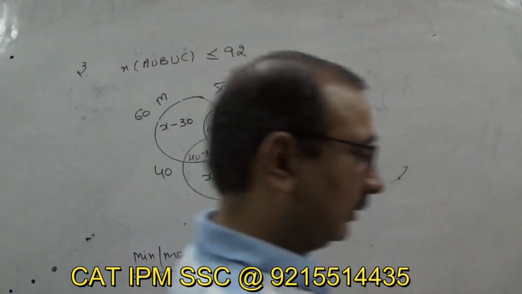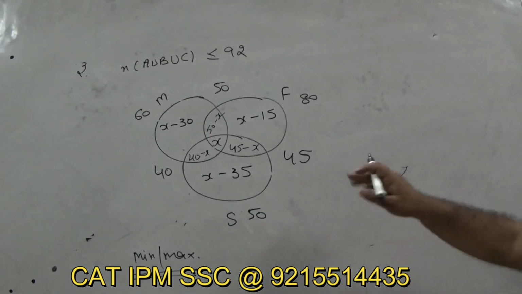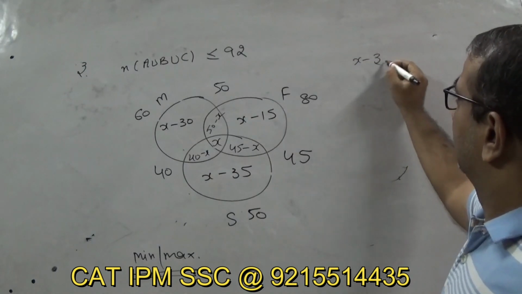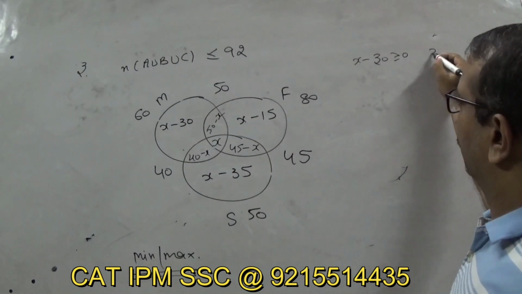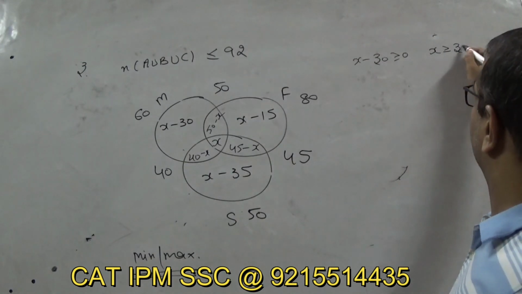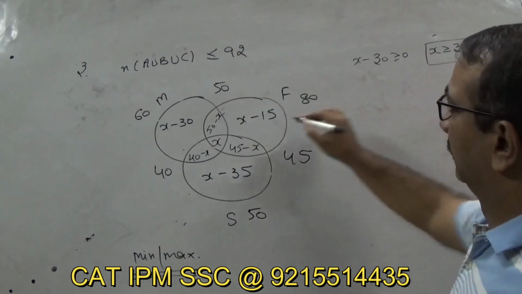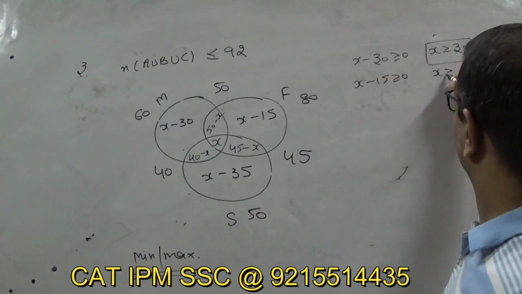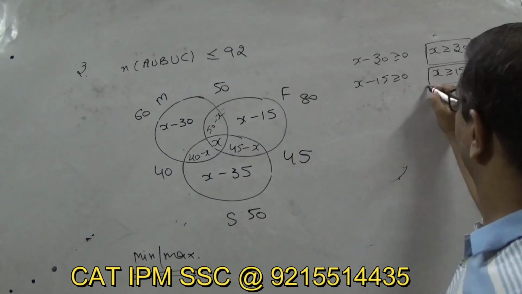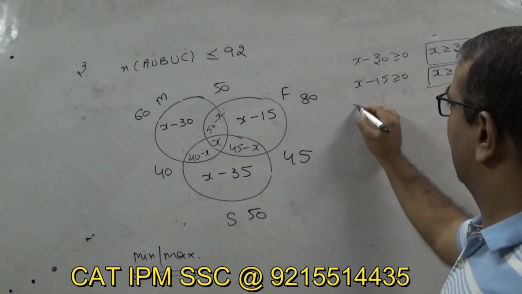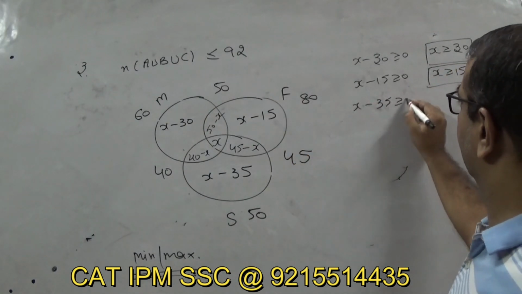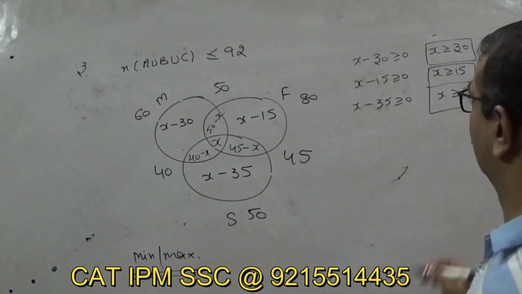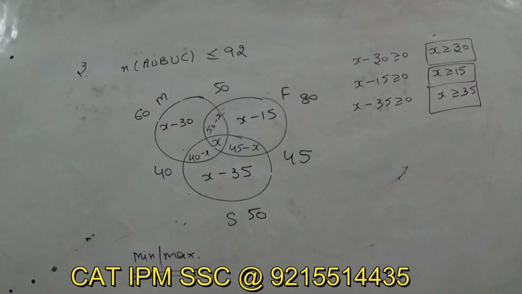Now just use all these things. X minus 30 is greater than or equal to 0, it means X is more than or equal to 30. First condition we have got. Then X minus 15 more than or equal to 0, X is more than or equal to 15, and X minus 35 greater than or equal to 0, X is greater than or equal to 35. So the three conditions we have got from here.